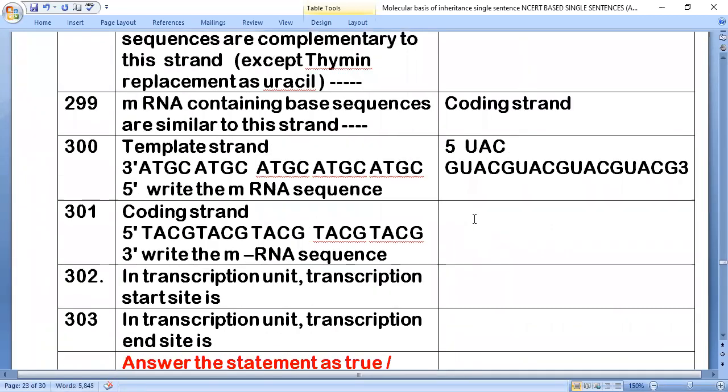Coding strand: write the mRNA sequence for this. UACG.